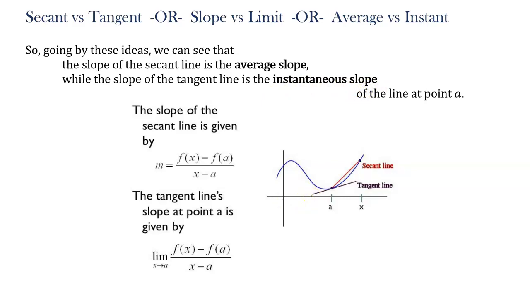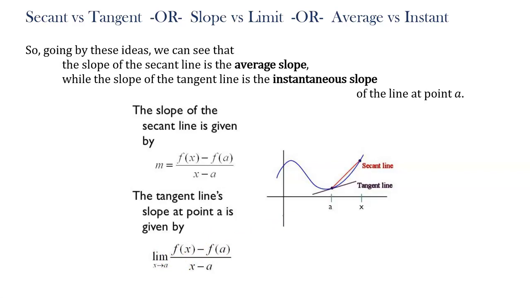So the limit of the slope as we get closer and closer and closer to A is going to be the slope of the tangent line. So it's a small distinction here, but it's significant enough that we had to come up with some new language for it. And we'll talk more about the differences in the symbols and what they mean in section 2.2.